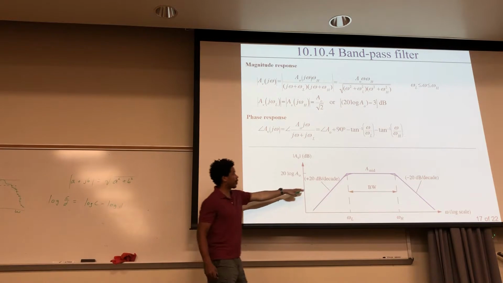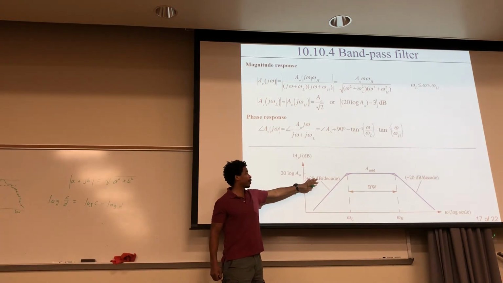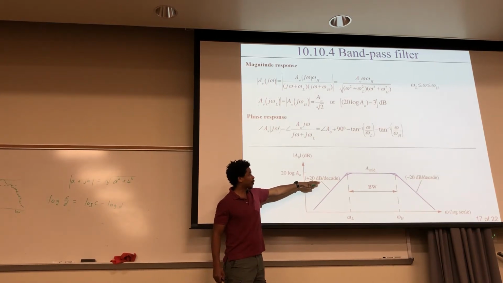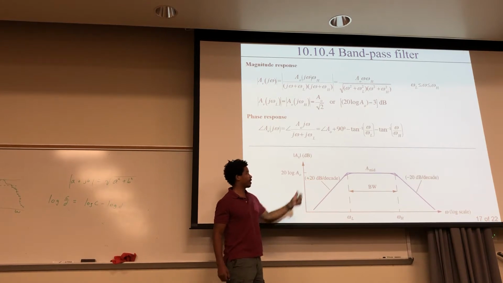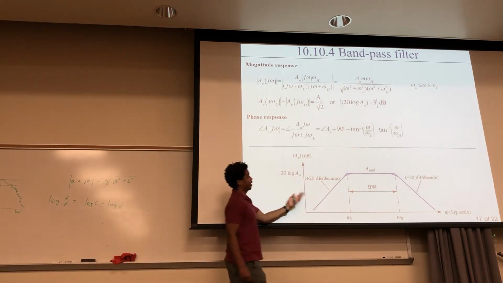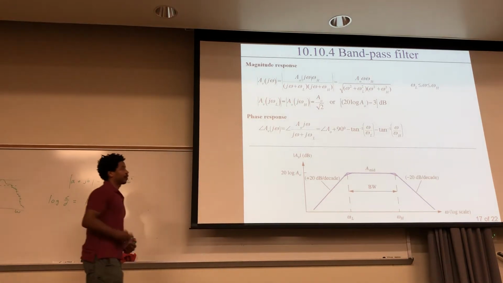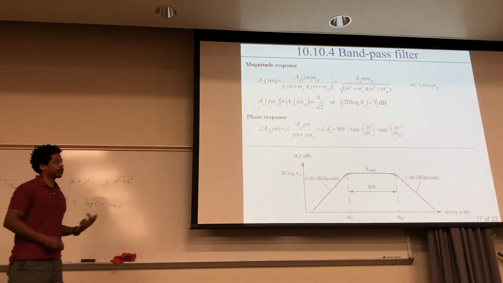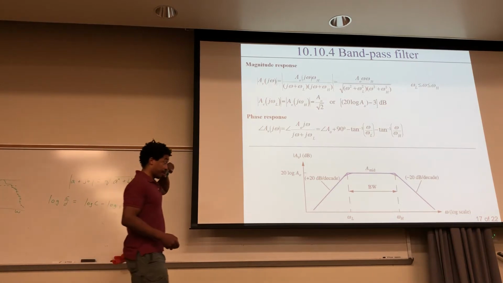Again, this is for a first order filter. Later on, we'll look at higher order filters, but for every order, it's going to be a factor of 20 decibels per decade. So for example, if it was a second order system, you would have 40 decibels per decade. A third order system would be 60 decibels per decade, and so on.